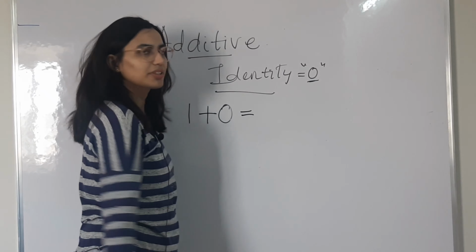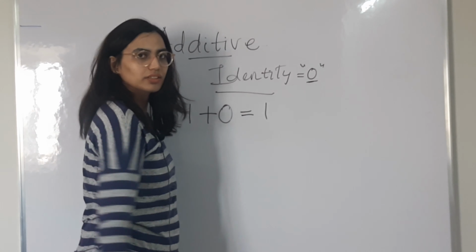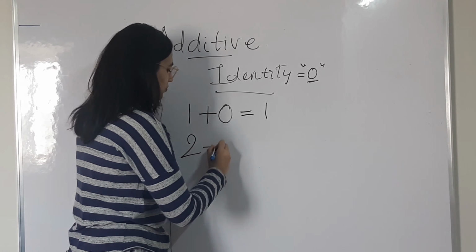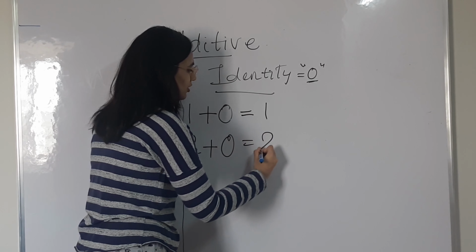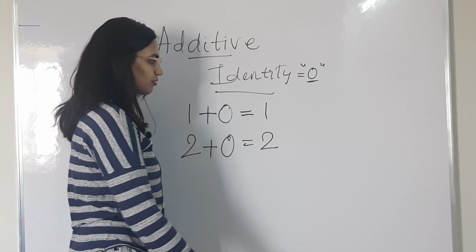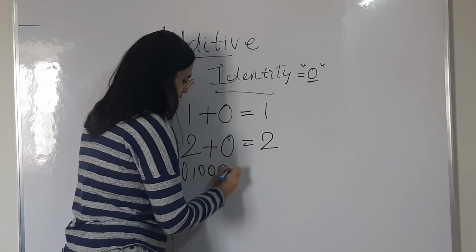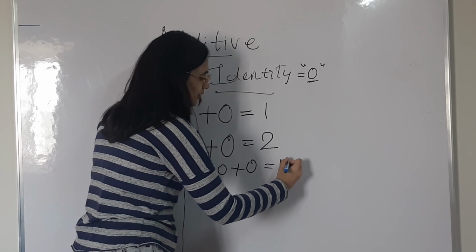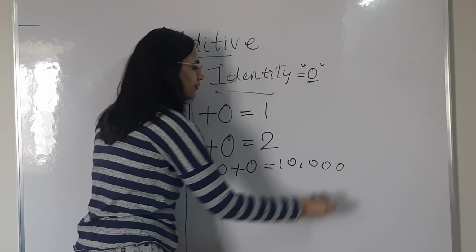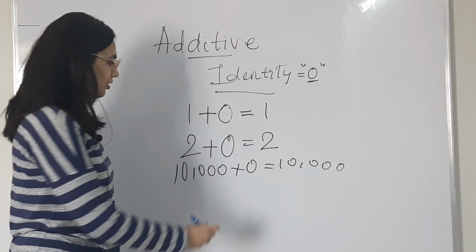What is the number that you get? 1. 2 plus 0. What is the number that you get? 2. Right. 10,000 plus 0. What is the number that you get? 10,000. How? Because you are adding 0.